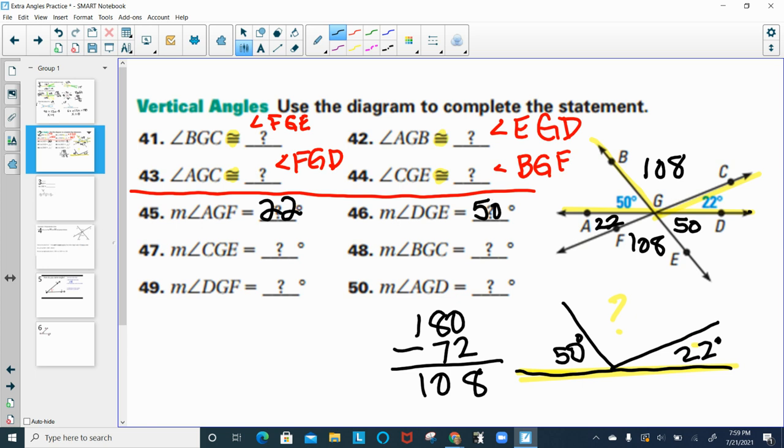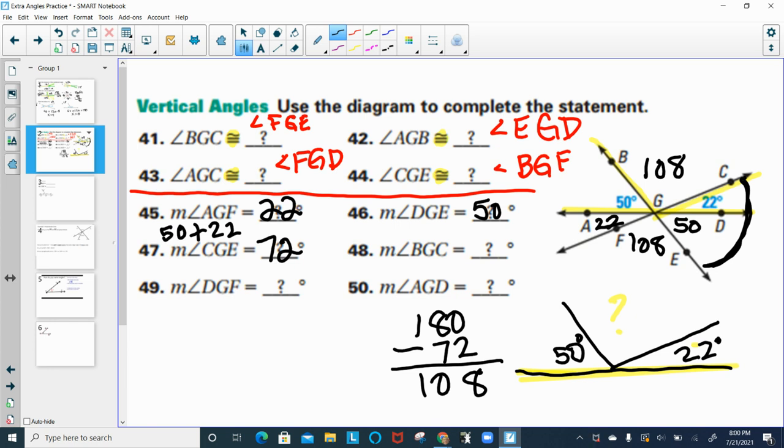See, that's why I like to fill out the diagram first. Now let's look at CGE, angle CGE. Now, interesting, CGE is both of these. So it's the 50 and the 22. So I'm going to write over here 50 plus 22 is 72.